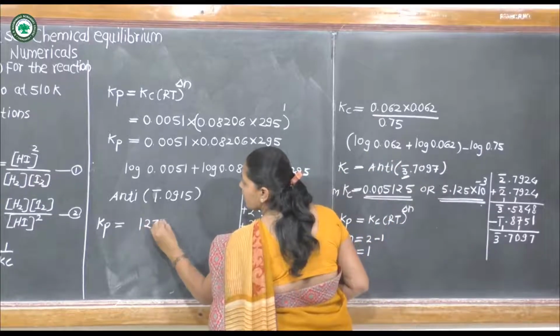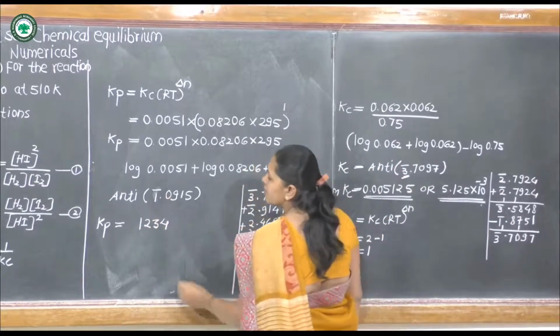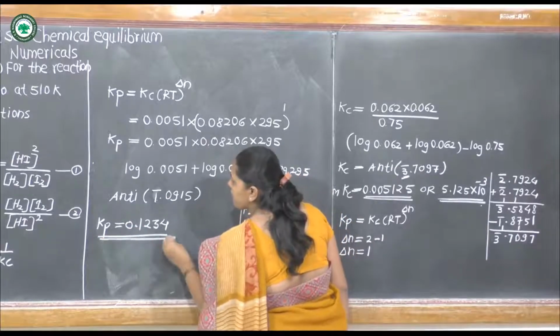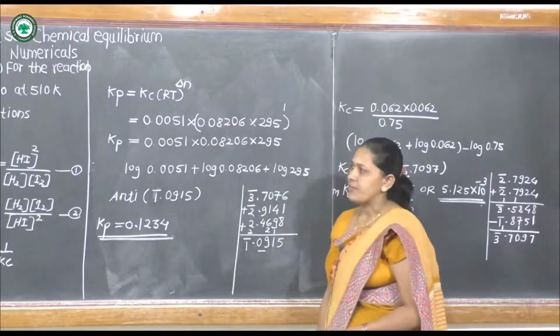Here characteristic is bar 1, therefore point is here. This is the value of Kp for this reaction.